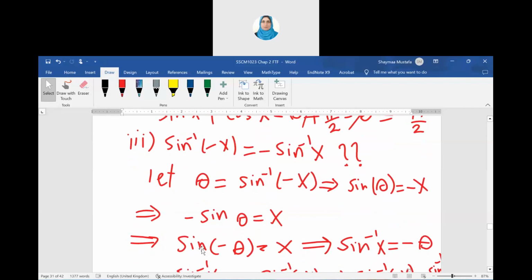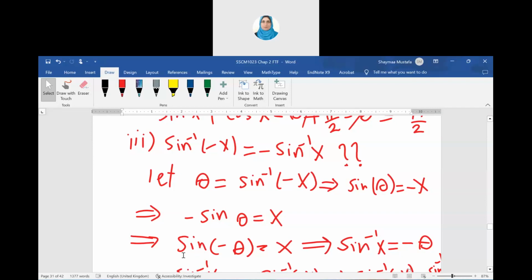So this minus sine theta means sine minus theta. So sine minus theta is equal to x. Since minus sine theta equal to x, for sure sine minus theta is equal to x also, because these two are equal from the property of the odd function of sine.